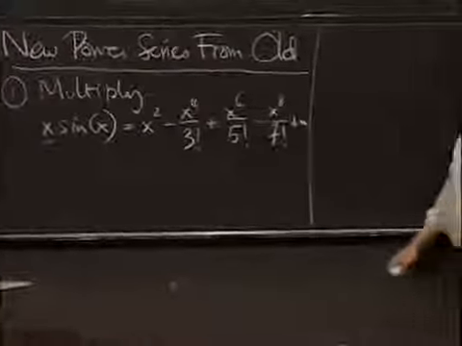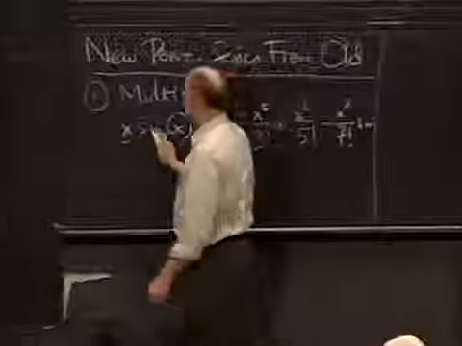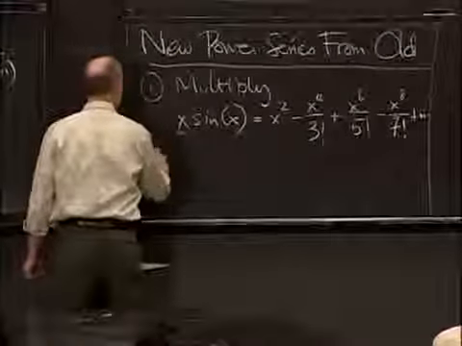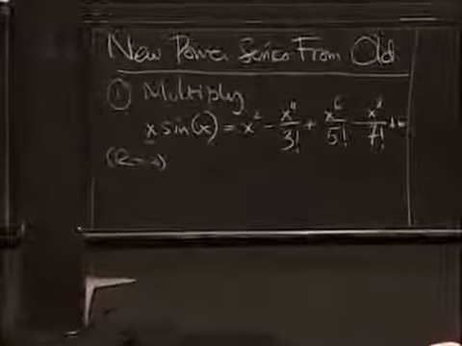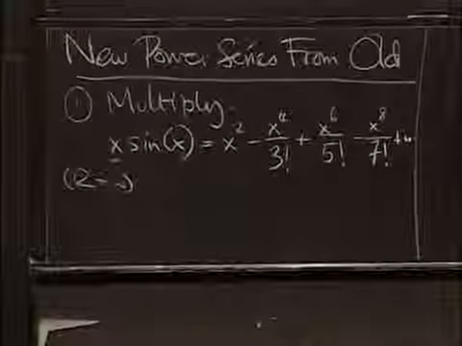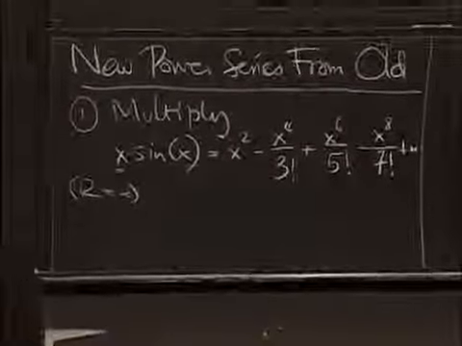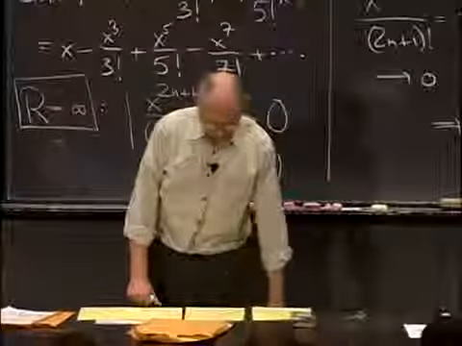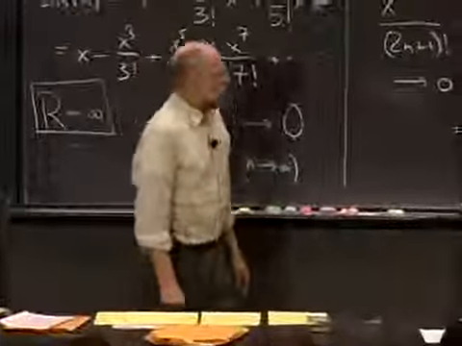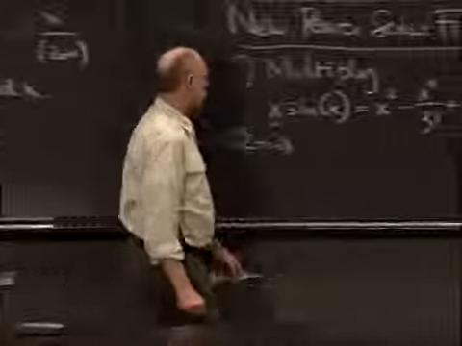And again, the radius of convergence is going to be the smaller of the two radii of convergence here. So it's r equals infinity in this case. Okay, you can multiply power series together. It can be a pain if the power series are very long, but if one of them is x, it's pretty simple. Okay, it's one thing I can do.